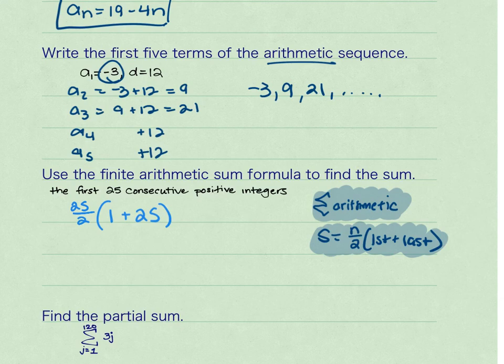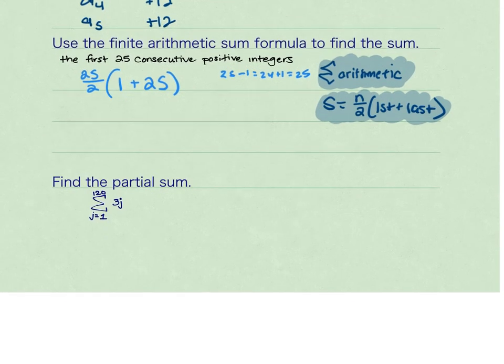If it starts at 1, you'd be doing 25 minus 1, which is 24, plus 1, which is 25. If you're trying to figure out the number of terms in a sequence, it's the last term minus the first term plus 1. But if it starts at 1, you don't have to do that. It is the last term.